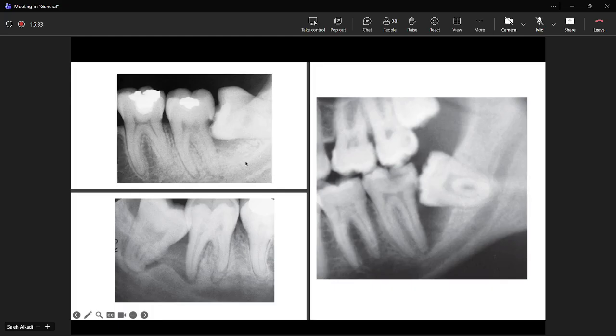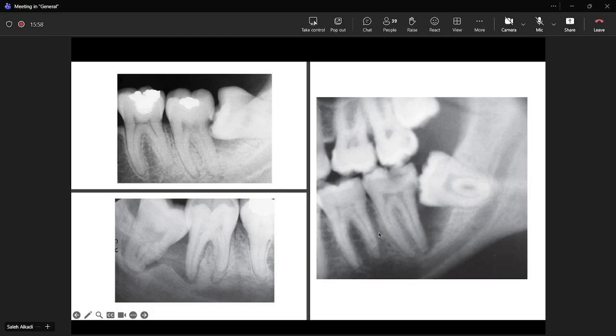So this will cause bone resorption and loss of attachment. And this may become more severe, as you can see in the right hand picture, where the apical migration reaches the apex of the root of the adjacent second molar. Same thing here for the bottom left one.